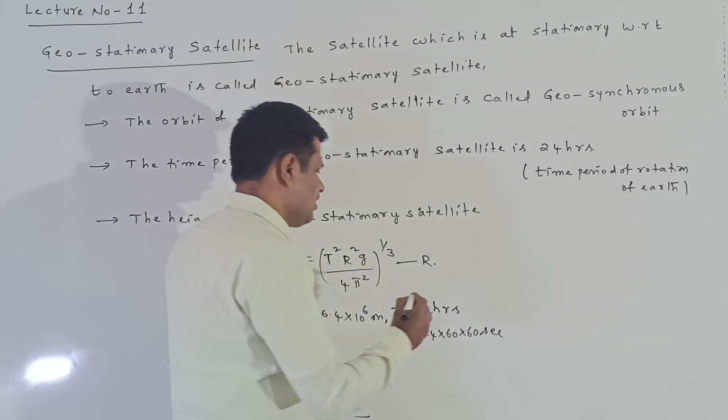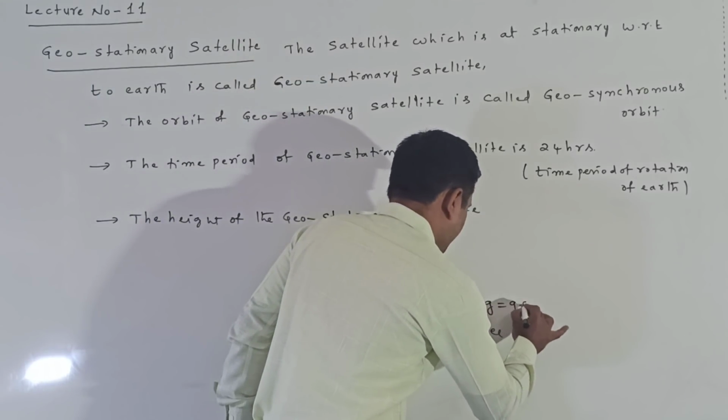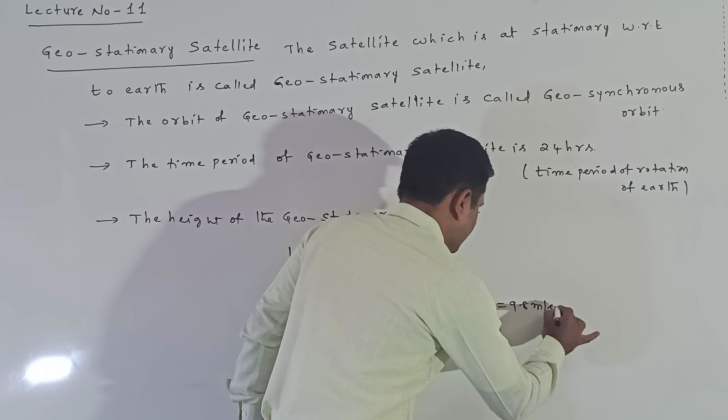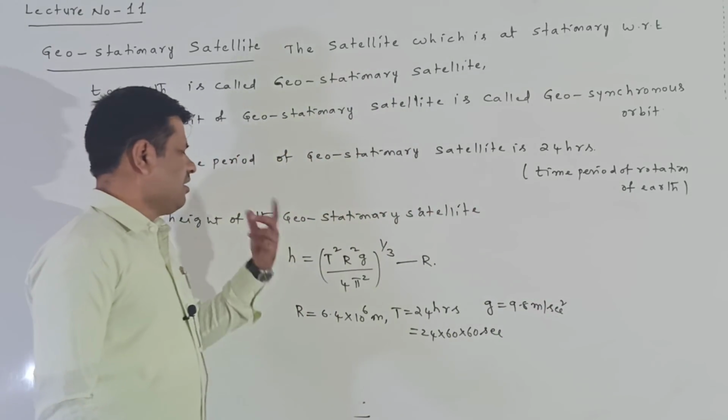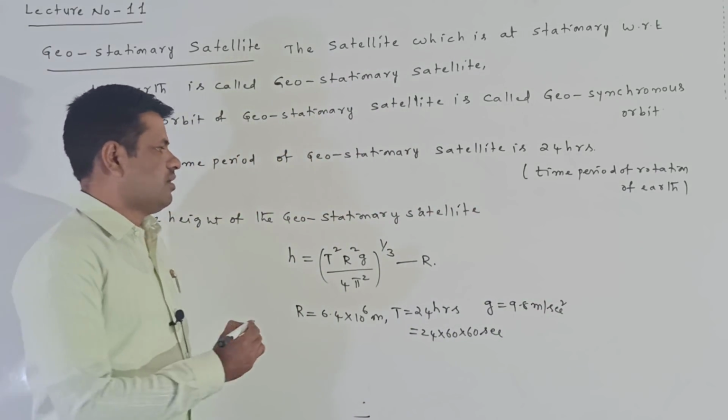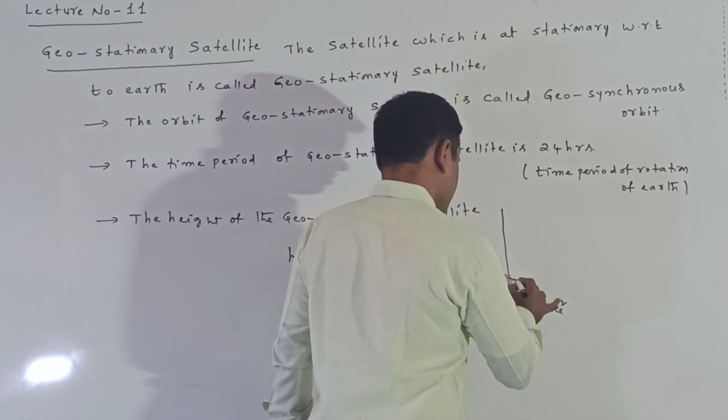And the g value is 9.8 meters per second squared. When all the values are substituted in this equation, how much height do we get?